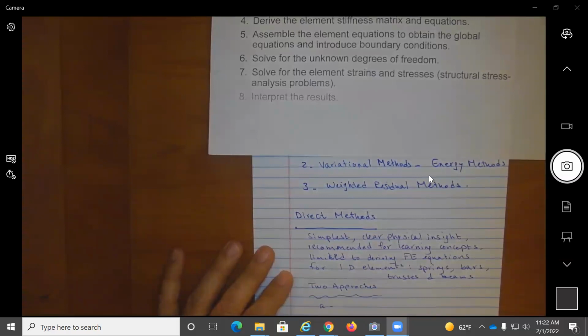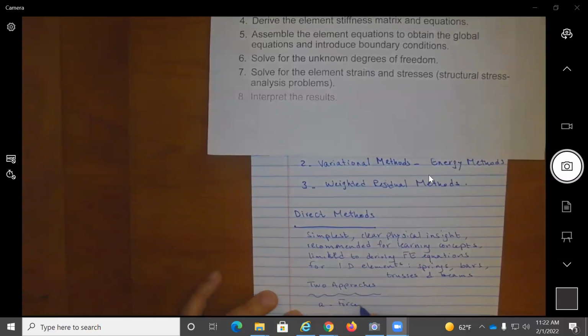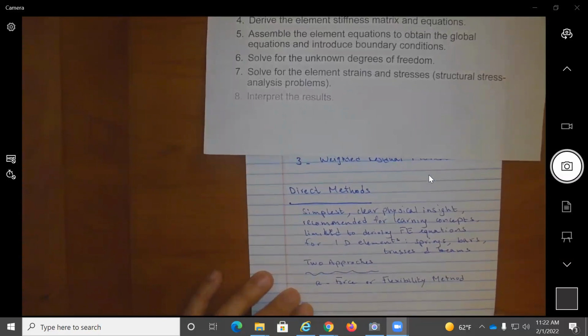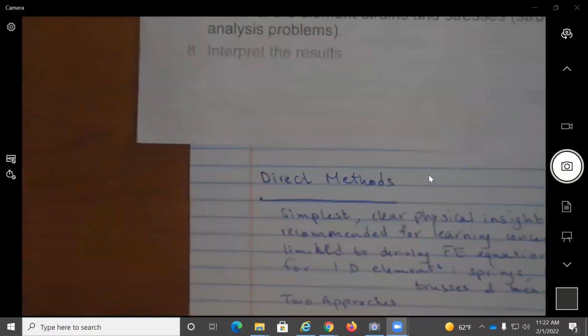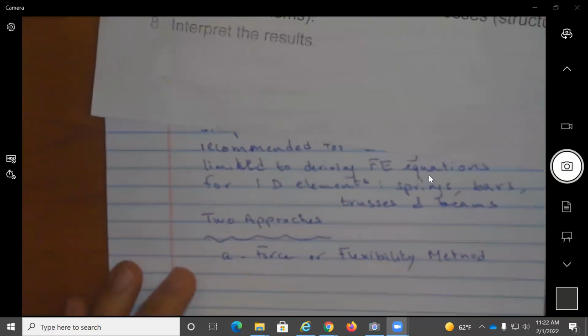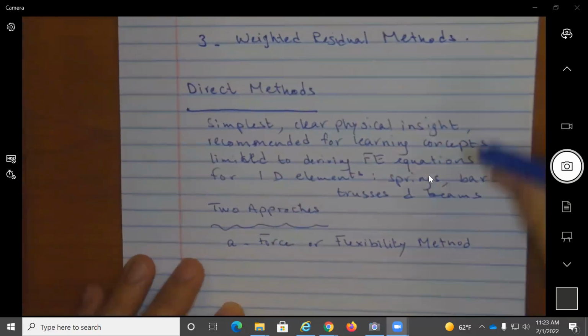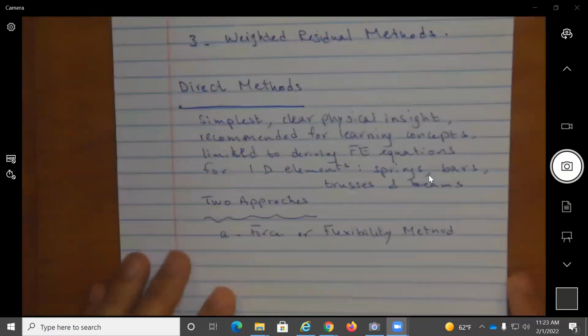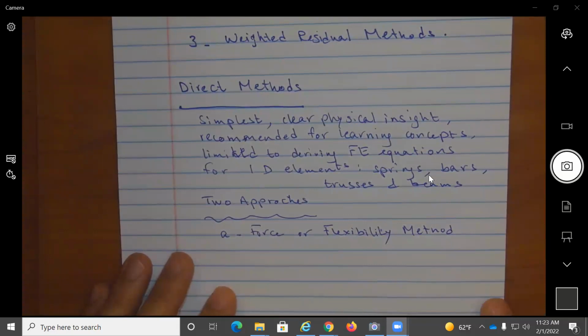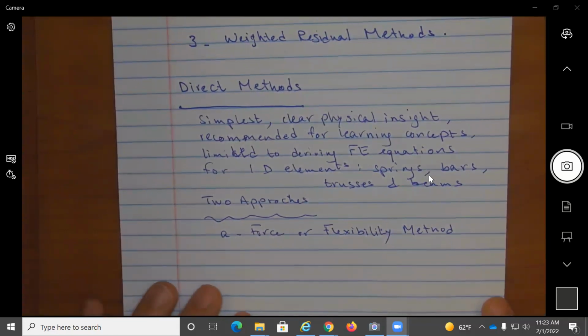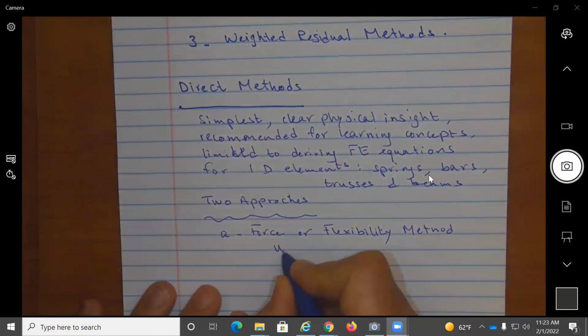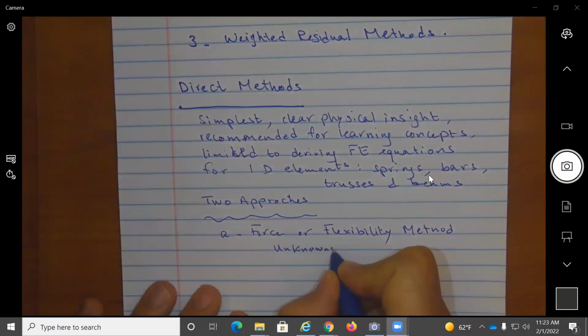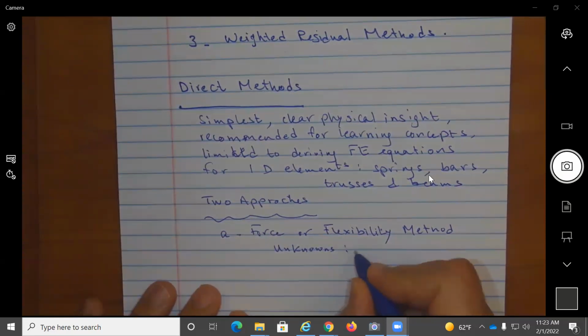A, the force or flexibility method, where the unknowns are the internal forces.